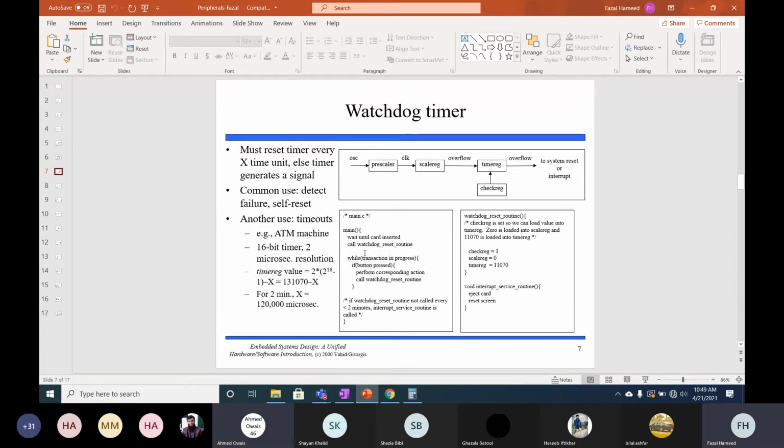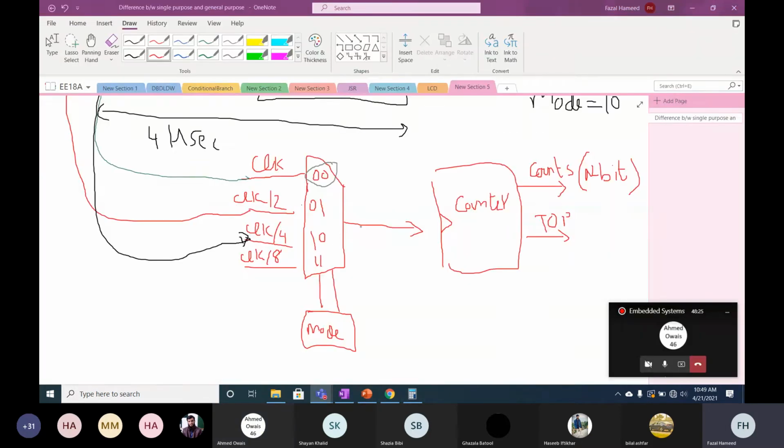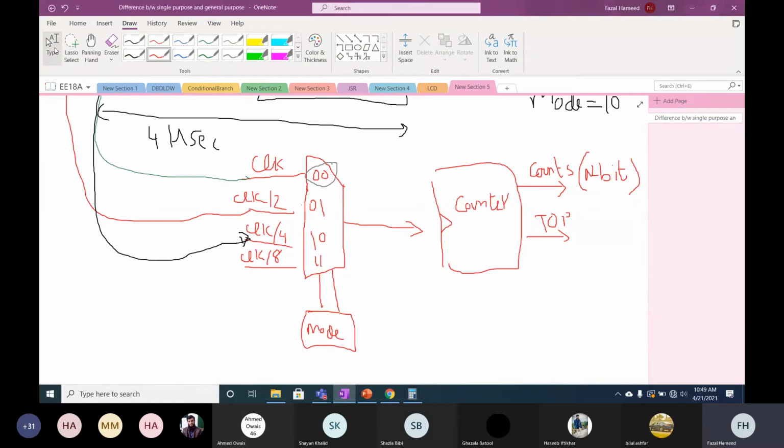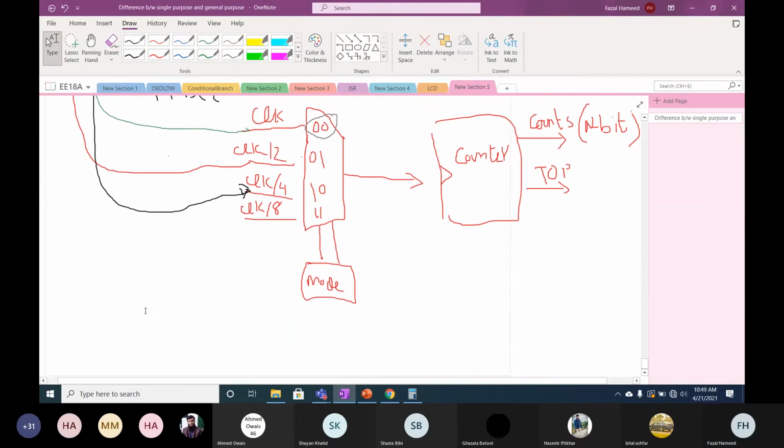No, actually, a watchdog timer is used in a scenario.